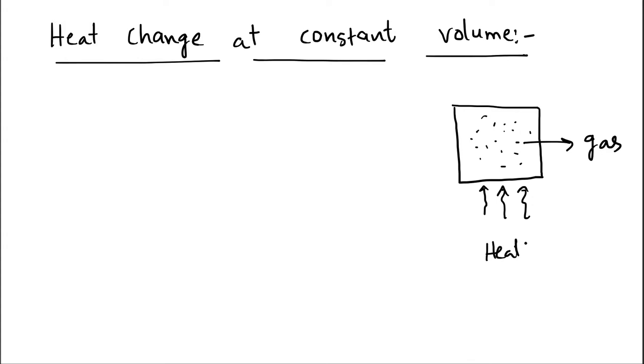Some heat is supplied from outside. As the system is not expanding or compressing, there is no change in the volume. Therefore, delta V equal to 0. Therefore, what is the work here? There is no work done. P external times delta V is equal to 0.